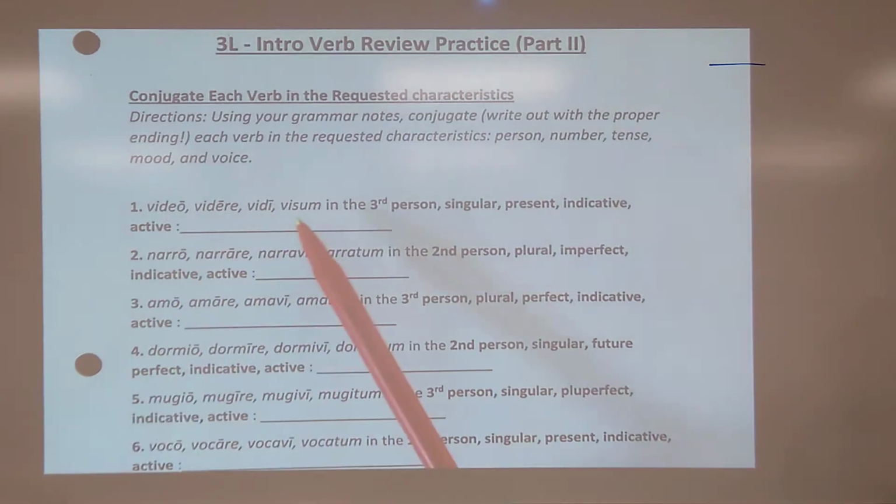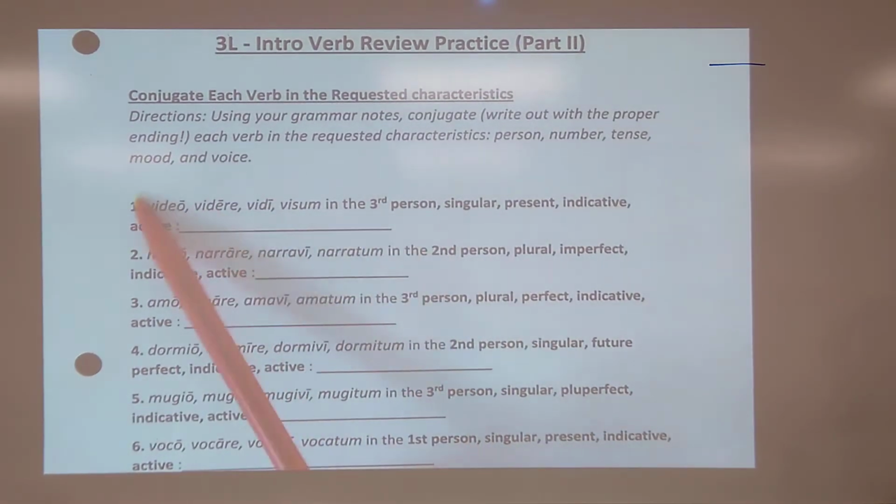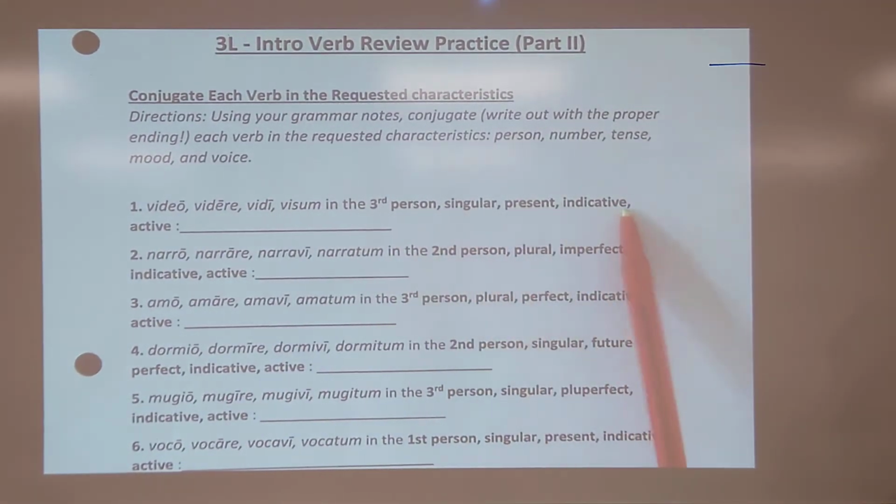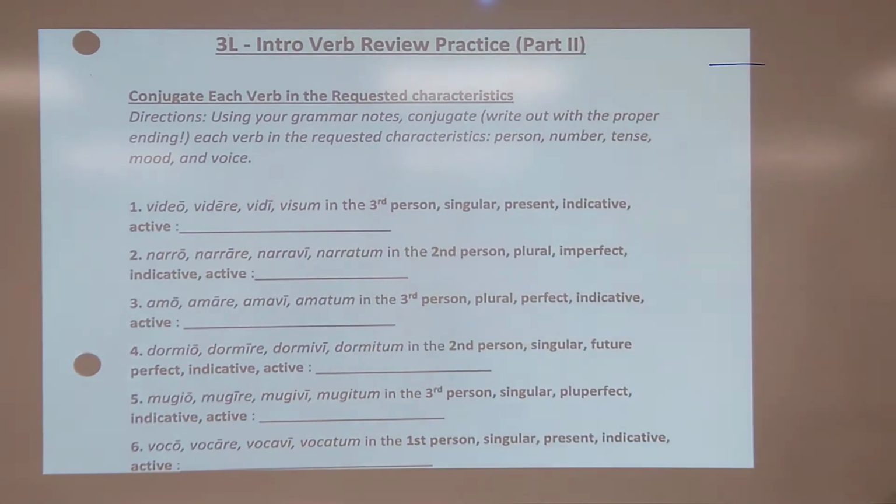I give you a verb, I tell you the characteristics we're going to put it in, and then you conjugate it. We'll do the first few here together, and then I'll show you the answers for the rest, so you get some time to work yourselves.